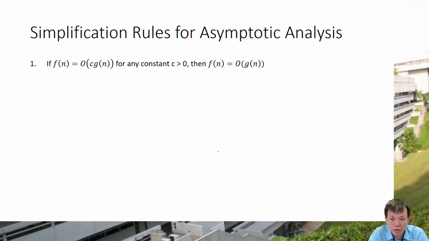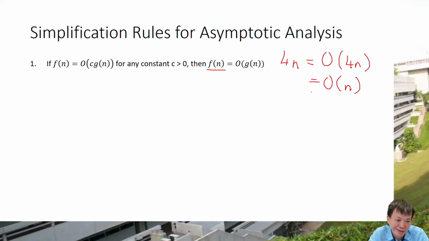Okay, so you can also do a lot of simplification. If f(n) is in O(cg(n)) for any constant, of course you can write it that way. That means if I have 4n, this is in O(4n), and I can set it equal to O(n). Same thing, I can also say this is in O(5n + 2).